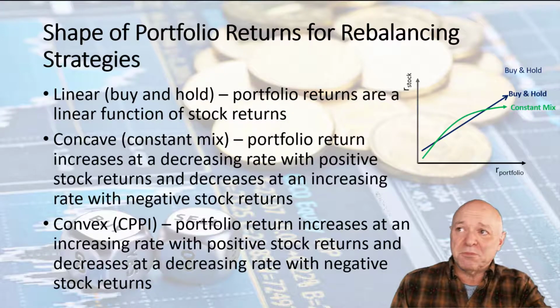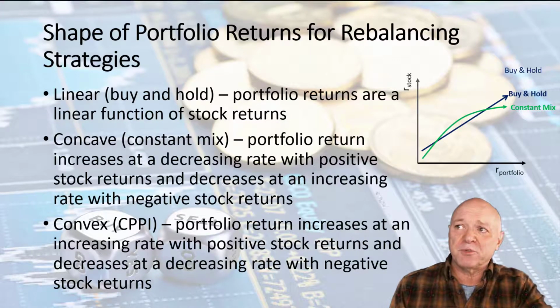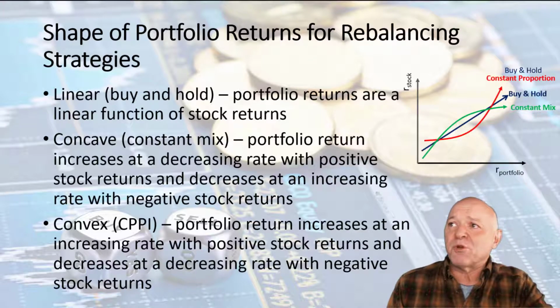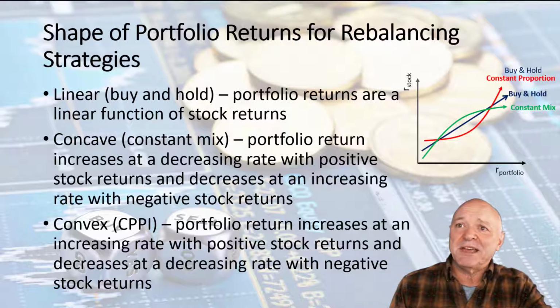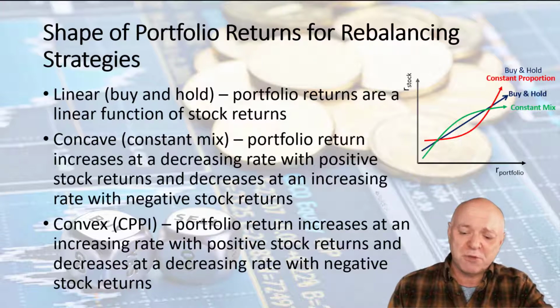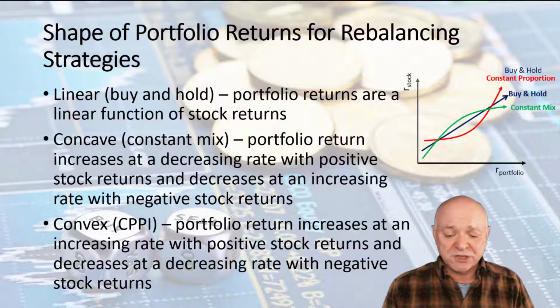With the constant mix, we may do better in the middle part of the range where the stock rises at a moderate rate, but where we have high levels of reversals, we have a decreasing performance relative to buy and hold. And in constant proportion, we see that we have that convex approach with the best returns in trending markets.